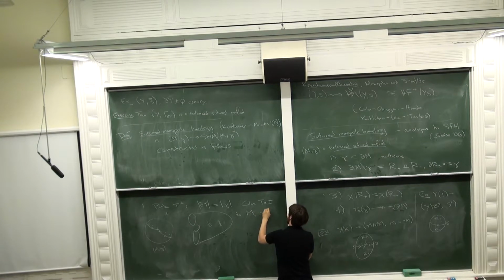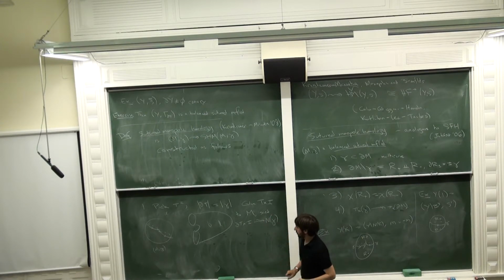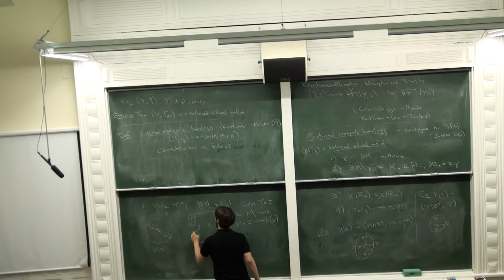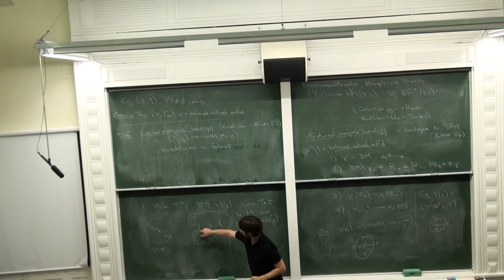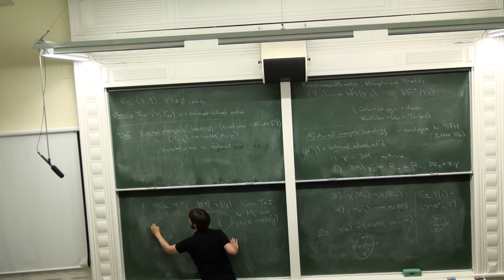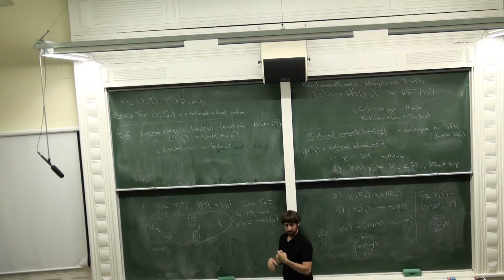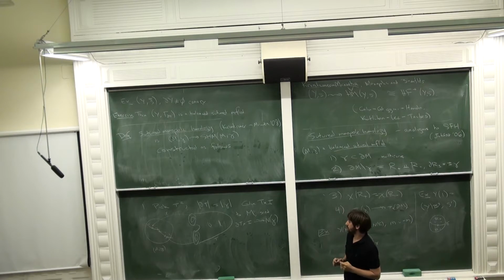And what we do is we send the boundary of T times I to neighborhoods of the sutures. So in this picture here, I'm going to thicken it up. Now there are these two annuli, the boundary of T times I. I'm going to send one of these annuli to a neighborhood of this suture, and send the other annulus to a neighborhood of the other suture.